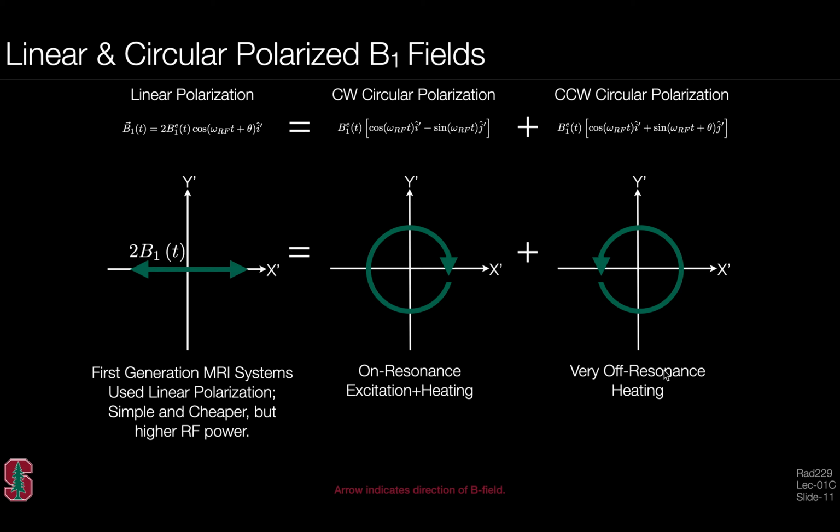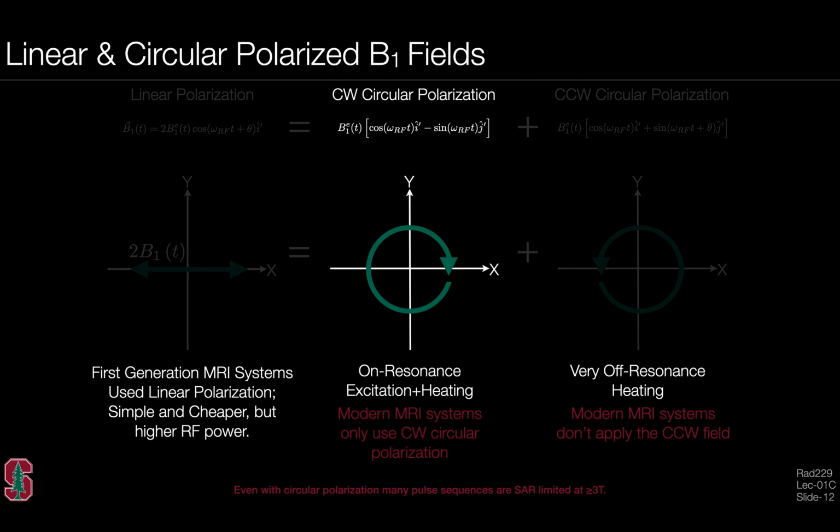So it doesn't really engage the spin system for excitation, and it only contributes heating to the object. And so what we're showing here mathematically is that the linearly polarized field can be decomposed into two different circularly polarized fields, but only one of these fields is contributing to on-resonance excitation, which does, of course, come with some heating. But this other field is coming with only heating, and it doesn't contribute anything to excitation of the spin system.